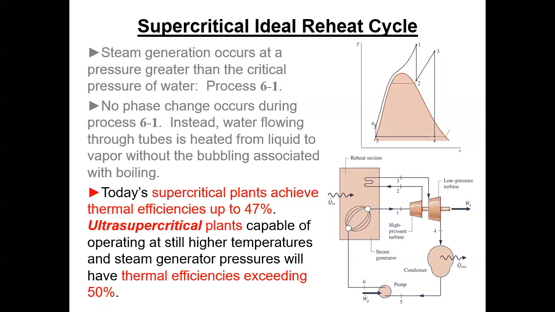Those plants have been constructed, quite a few in the last 10 or 15 years. But we're really not seeing supercritical. Bull Run was the TVA plant that ran supercritical, and it's completely shut down now because it was burning pulverized coal. They're trying to get out of the pulverized coal business as quickly as they can.